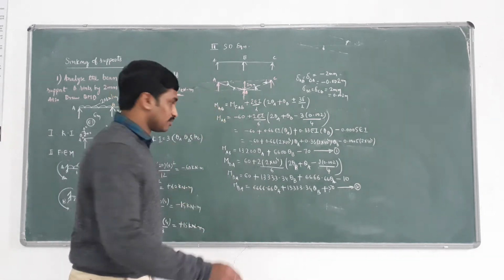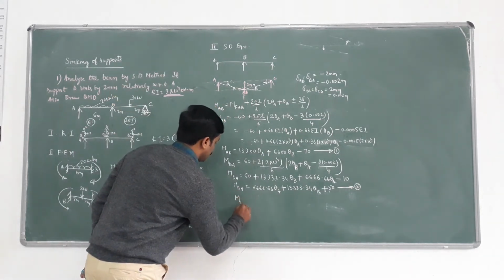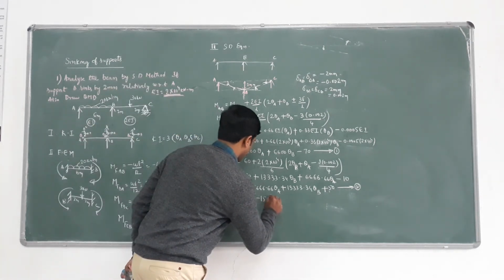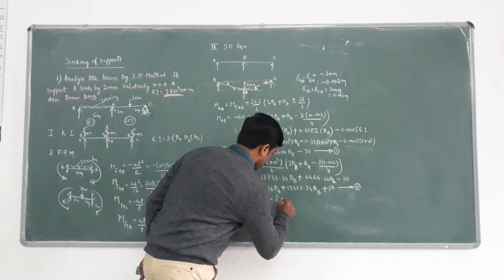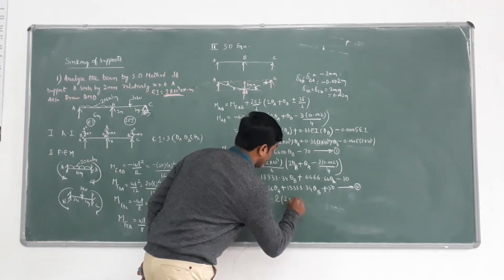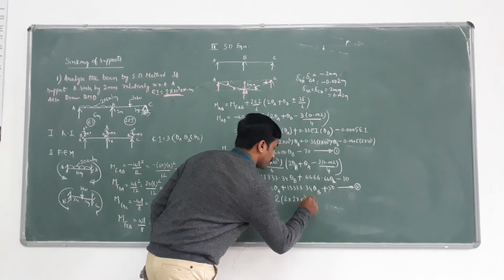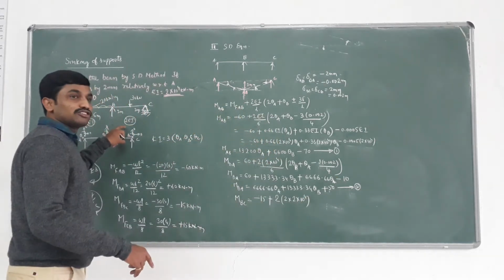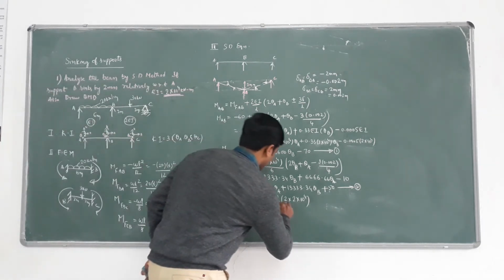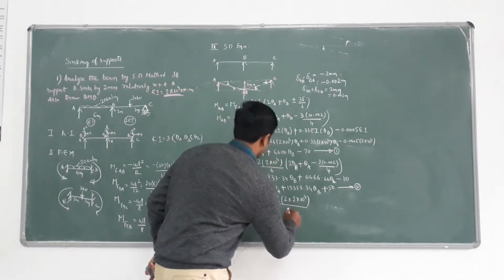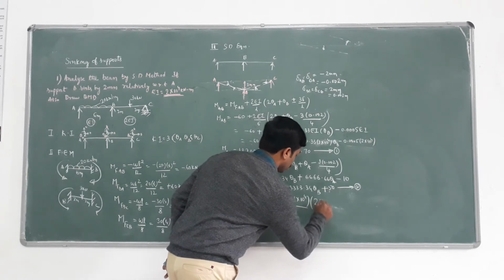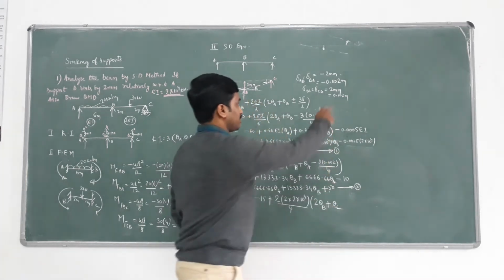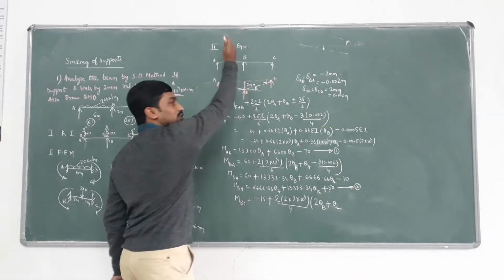Clear? Next, MBC equals MFBC minus 15 plus 2 into 2 EI, that is 2 into 2 into 10 power 4, divided by L, where L is 4, into 2 theta B plus theta C. It is plus here because this is above the baseline.